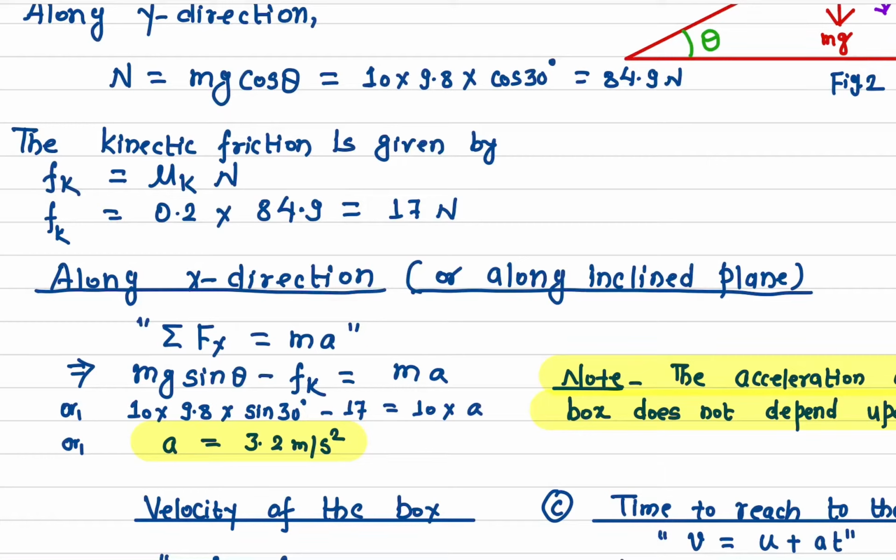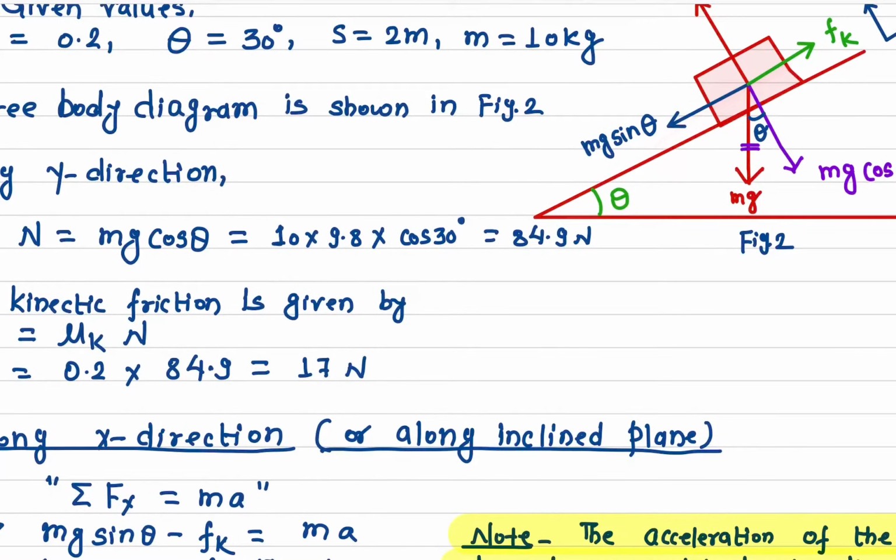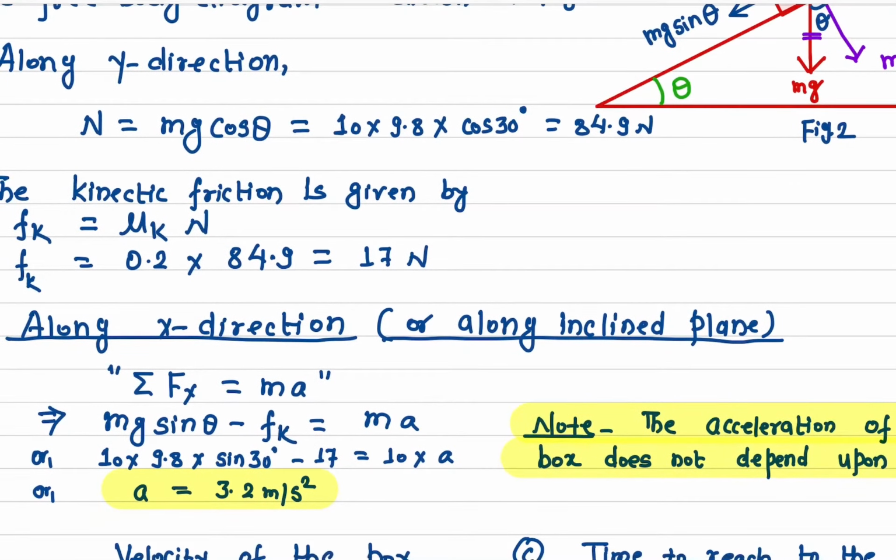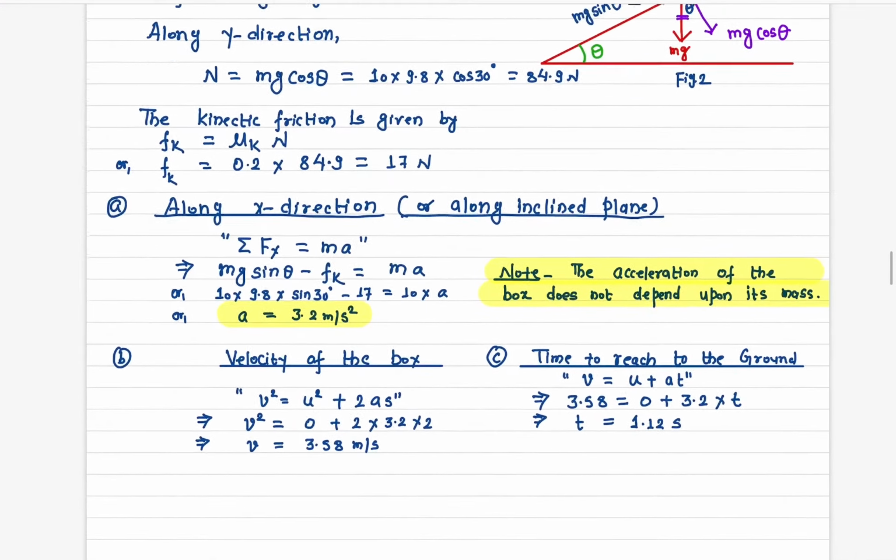That's the beautiful thing to remember. The rest is just plugging in all the values, and you'll get 3.2 meters per second squared. That's the acceleration down the inclined plane. And remember, this acceleration does not depend upon the mass.